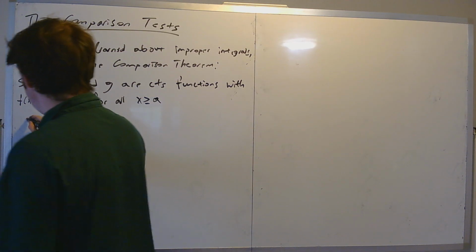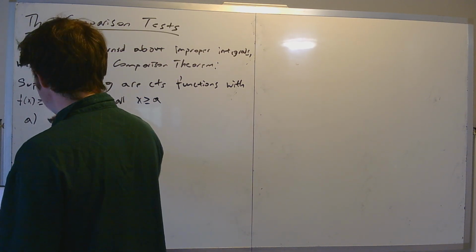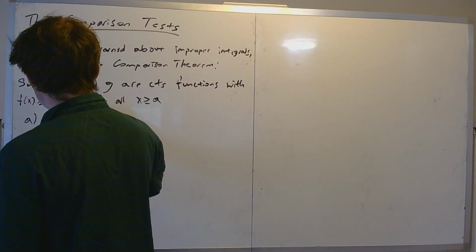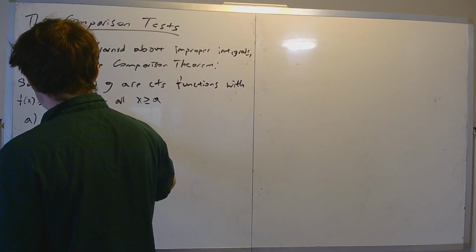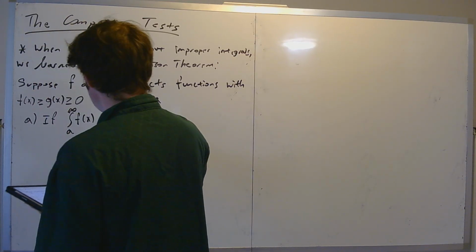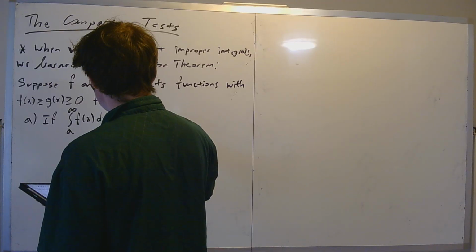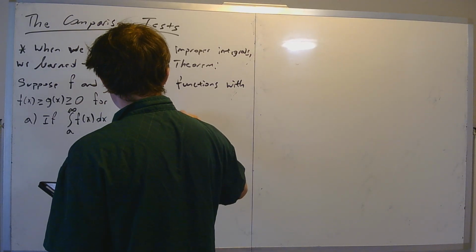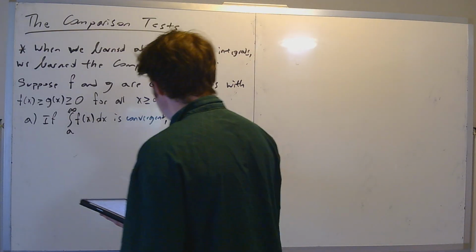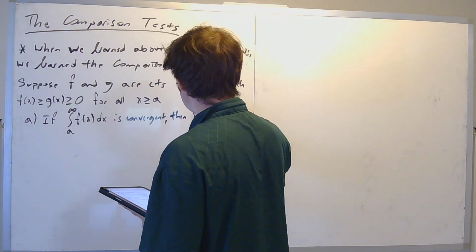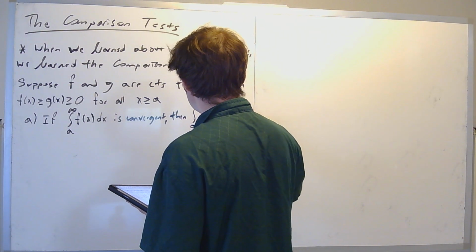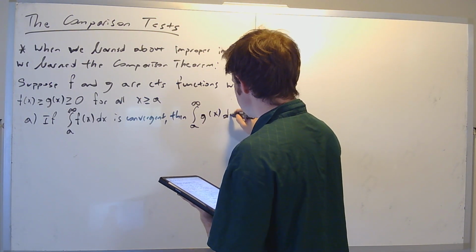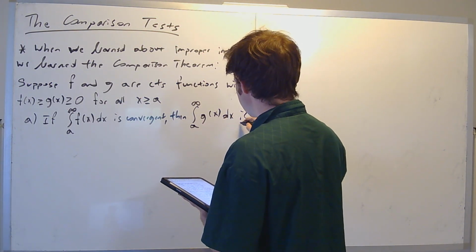Then we had part A, which said if the integral from a to infinity of f of x dx is convergent, then the integral from a to infinity of g of x dx is also convergent.